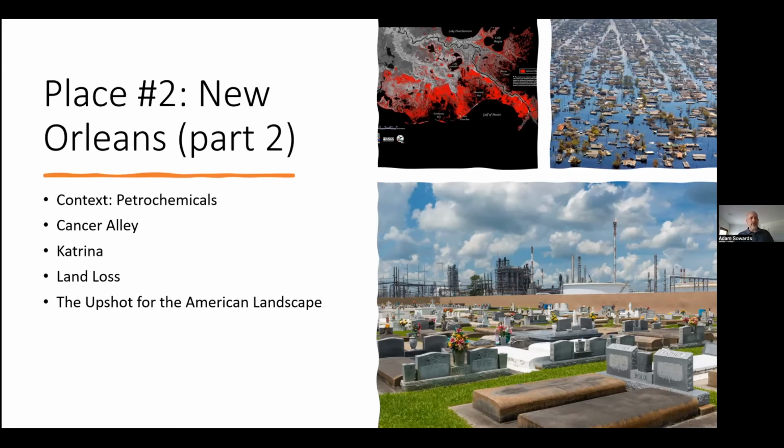And the last part of New Orleans is really outside of New Orleans, and it's that black and red figure, which is the picture of southern Louisiana. And the red is land that has been lost, or is projected to be lost. And this is for a couple of reasons. One, those sediments that used to come down the Mississippi River, and then when it would overtop its banks, that helped build land. With that not happening with the levees now, that replenishment doesn't happen.